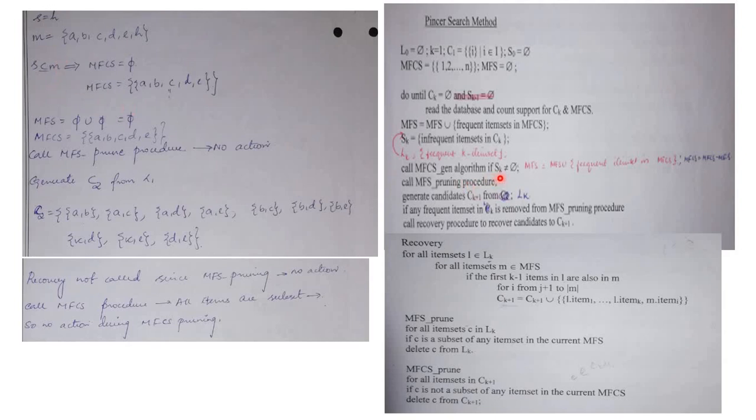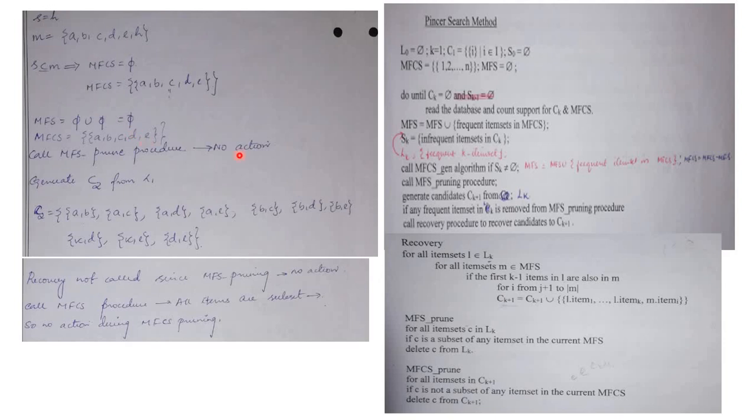Once I'm done with this call MFCS generation algorithm, I have to do MFS equals MFS union frequent item sets in MFCS. Now, I am not going to read the count for ABCD once again from the transactional database, because we have not yet read the count for 5 item sets.